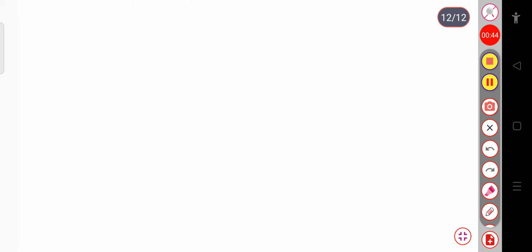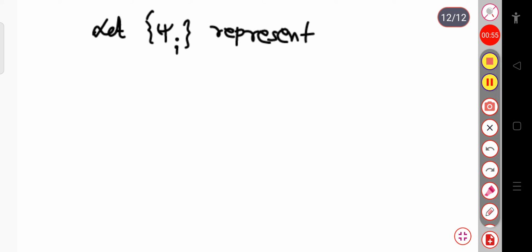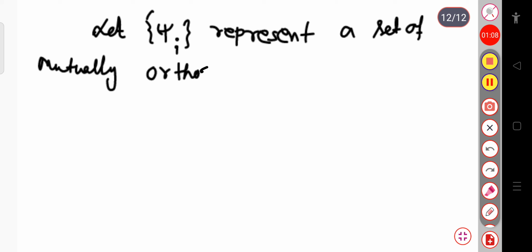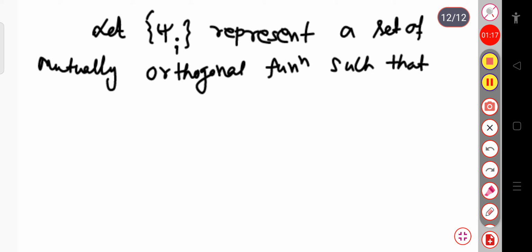So here, let psi i represent a set of mutually orthogonal functions such that this can be written as the sum over i equal to 1 to n of ci psi i, equal to 0.